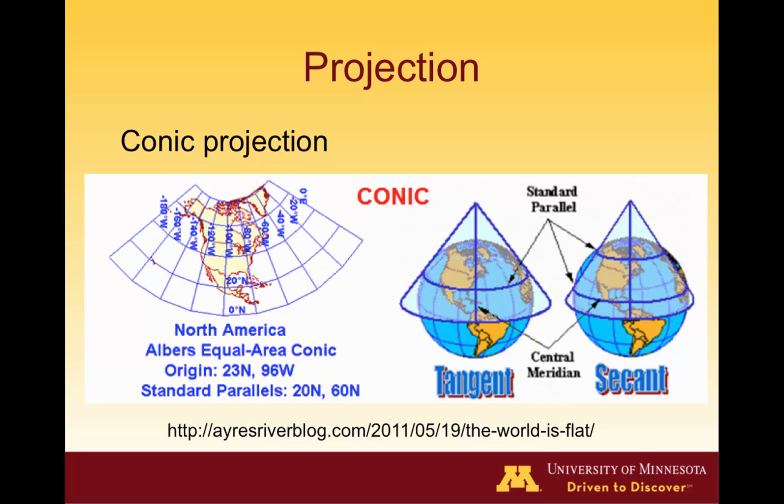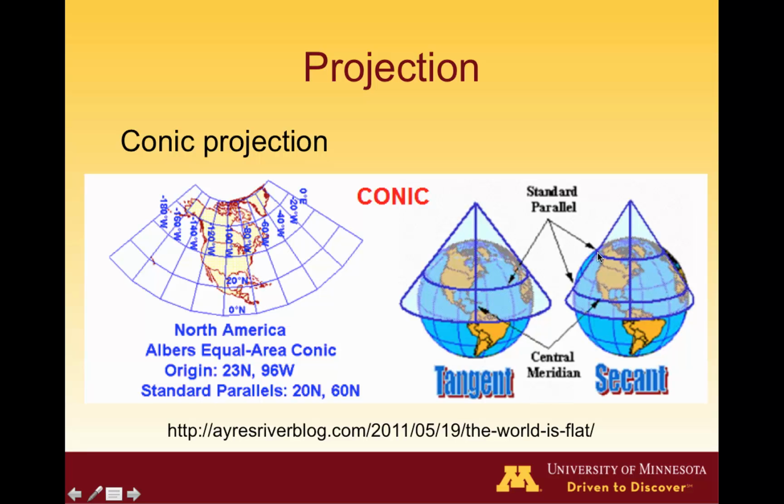Another conic projection is secant projection, where the cone intersects the globe for a portion. For example, here, between these two circles is the intersection of the cone with the globe, and the globe between these two circles is outside the cone.